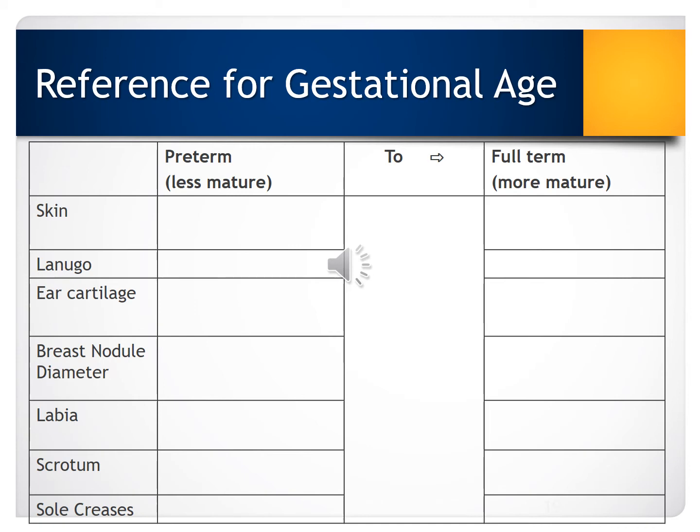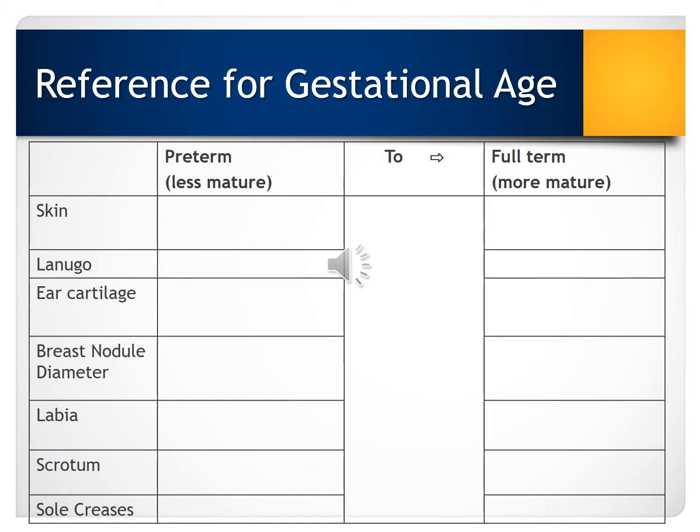The ear cartilage for a preterm baby compared to a full term, if we pull down the pinna, the top of the ear, and bend it, there should be an immediate recoil if the newborn is term. For premature babies, that ear recoil is slow, or it may not recoil at all, and you would have to move the pinna, the top of the ear, back up. And so, again, this is part of an assessment. When you're checking the newborn, you can do these things along with the other assessments that you're doing.